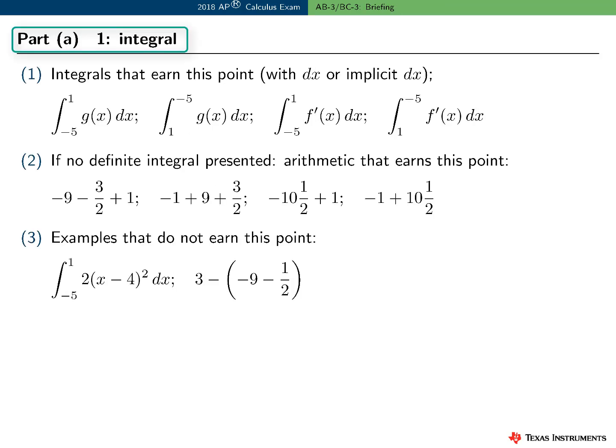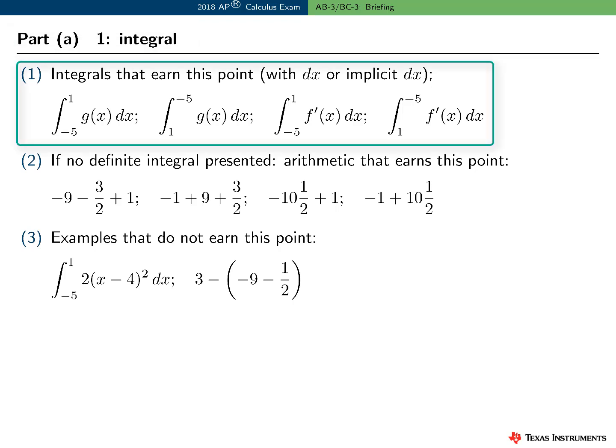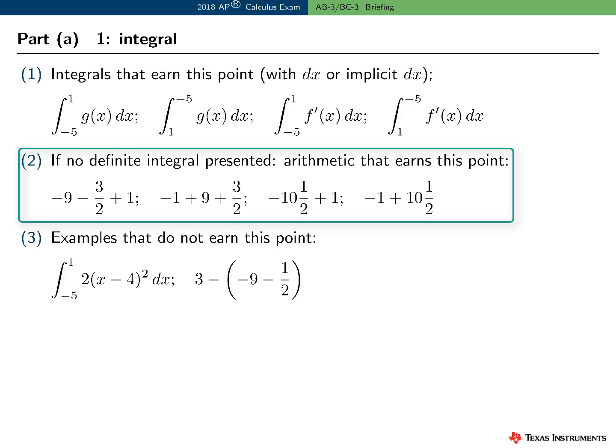In Part A, the first point was for the definite integral. And here are some examples that earned the first point. Now, if the student did not present a definite integral, they could still earn this point by presenting enough arithmetic to convey the definite integral.